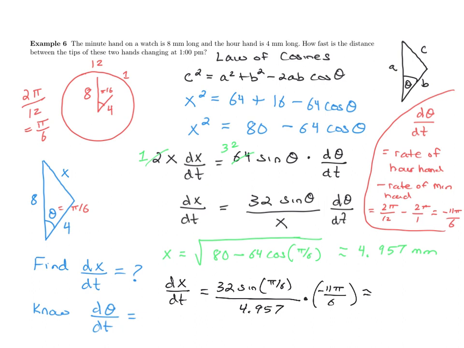Okay, I'll round it to 2 decimal places, but the rate is changing at 18.59. The distance we're talking about is millimeters. And since I expressed this rate in terms of hours, that's going to be millimeters each hour. So that is the rate at which the distance between the tips of these two hands is changing the moment that it arrives at 1 p.m.